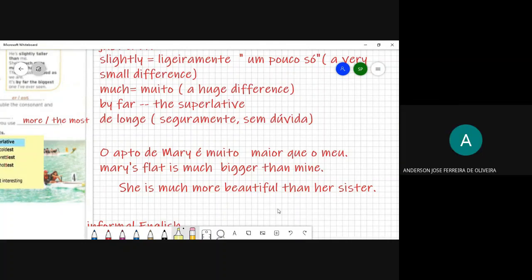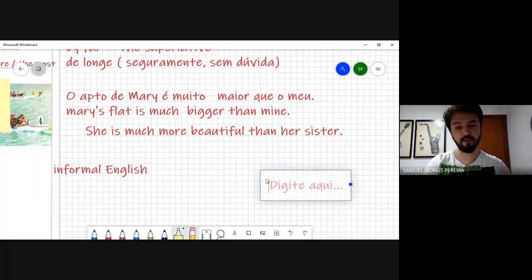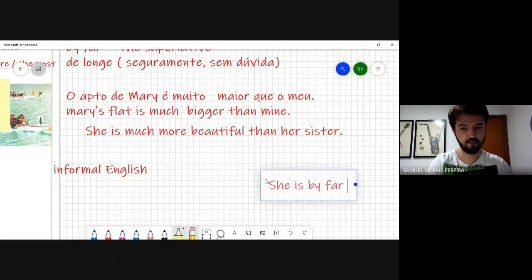E no caso de melhor, que é uma palavra pequena, né? Melhor, muito melhor, você vai falar assim, ela é de longe muito melhor que os alunos da turma. Aí você tá juntando as duas coisas, aí você pode, ó. Ela é de longe muito melhor, she is by far, né? Mas na verdade você tem que lembrar assim, ó. Ela é muito melhor.